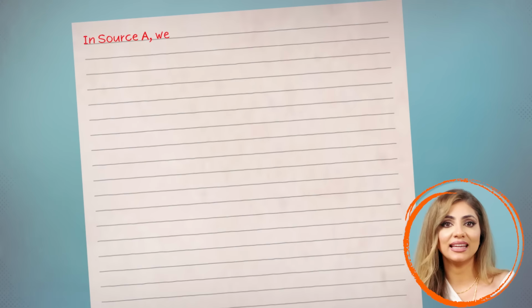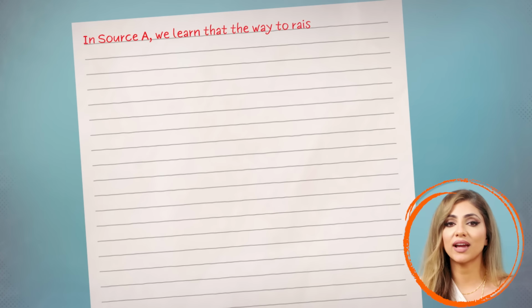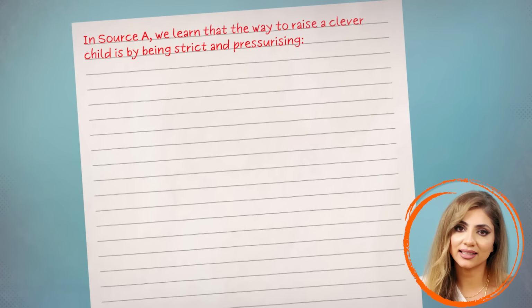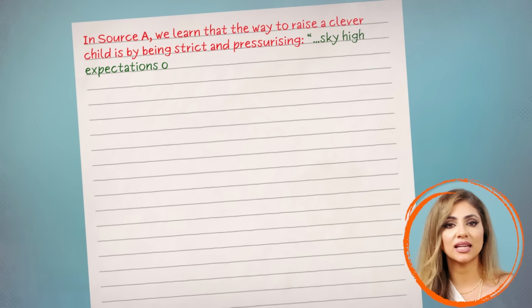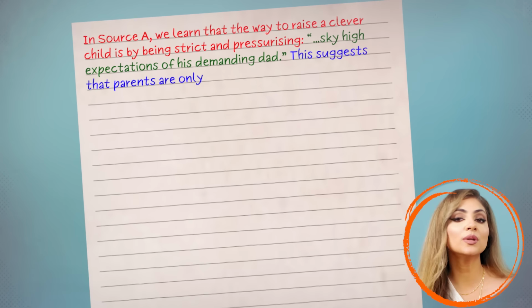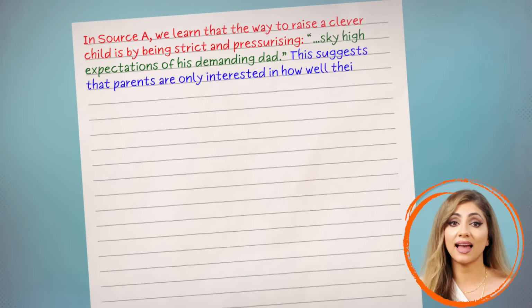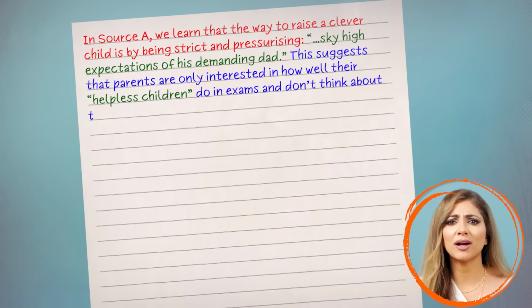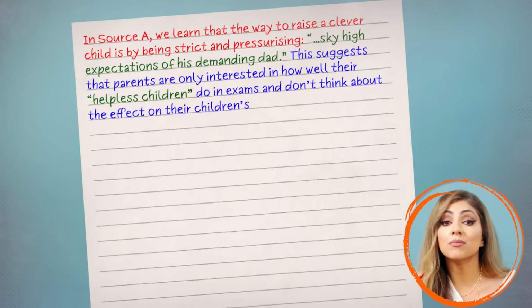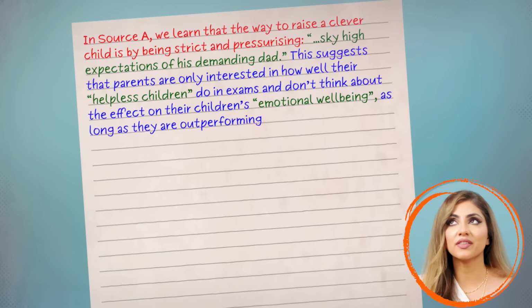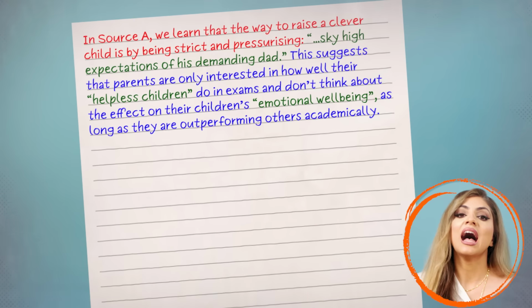In source A, we learn that the way to raise a clever child is by being strict and pressurizing. Sky-high expectations of his demanding dad. This suggests that parents are only interested in how well their helpless children do in exams and don't think about the effect on their children's emotional well-being, as long as they are outperforming others academically.